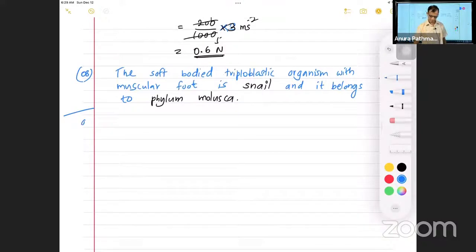9. Papo is a dioecious plant, D-I-O-E-C-I-O-U-S.